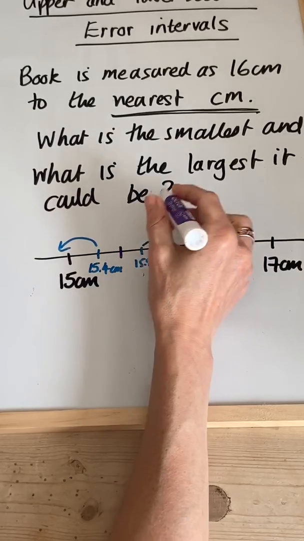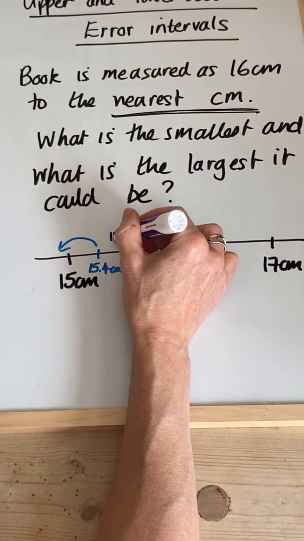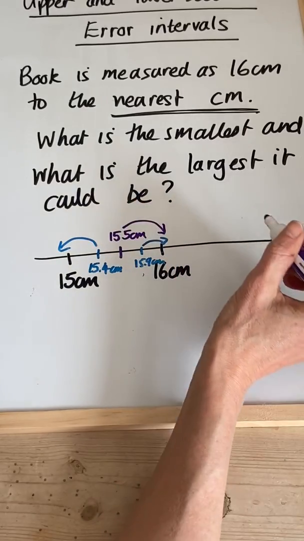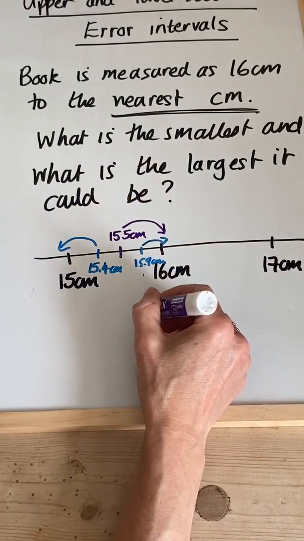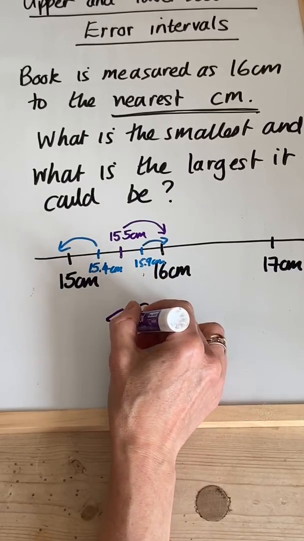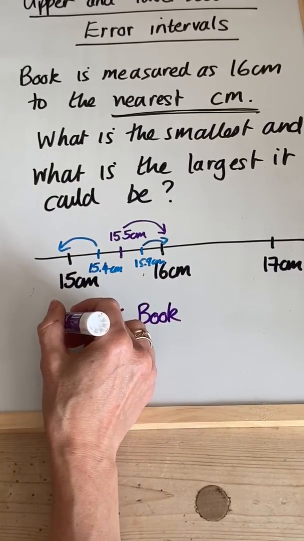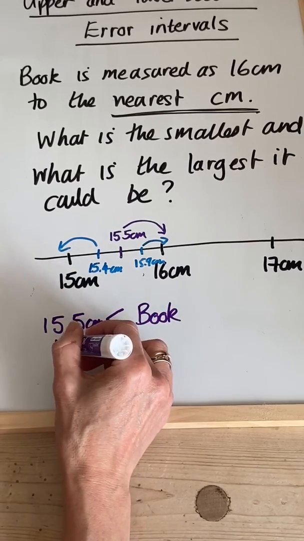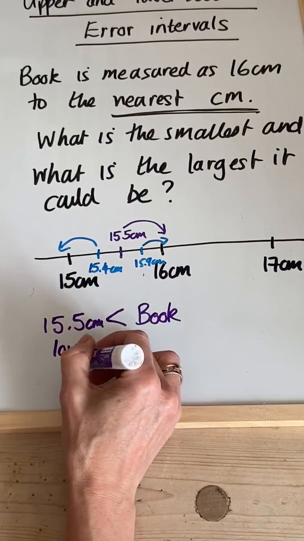Well, the smallest one that we would round up is 15.5 centimetres. So we call 15.5 centimetres our lower bound.